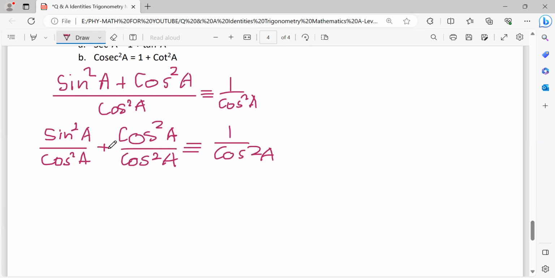This is the sine over cos. It means tangent.